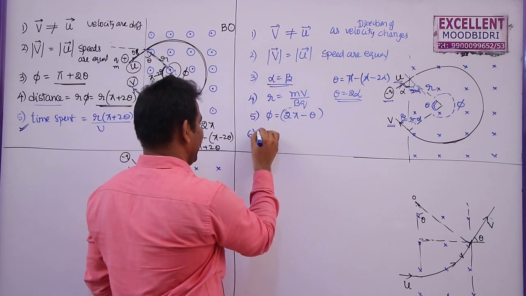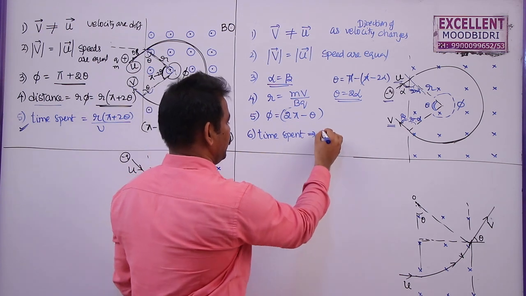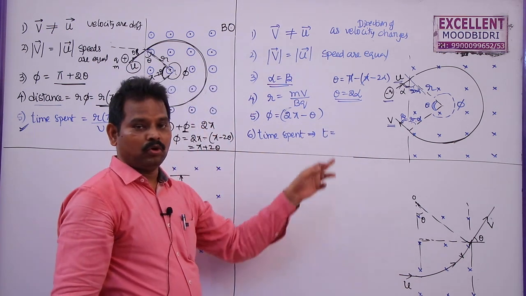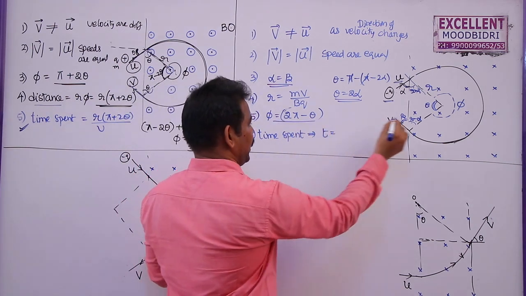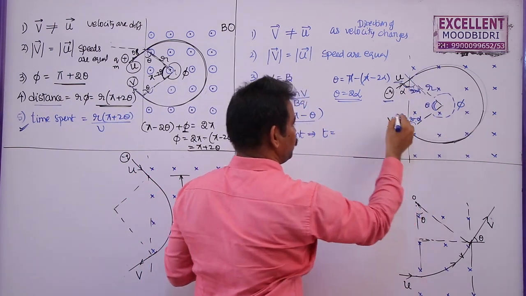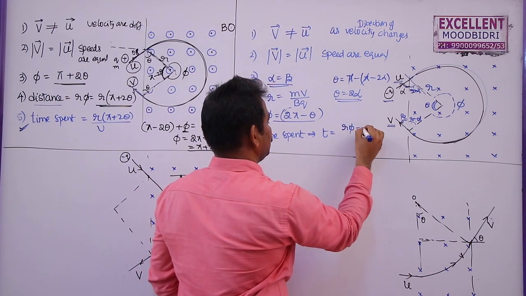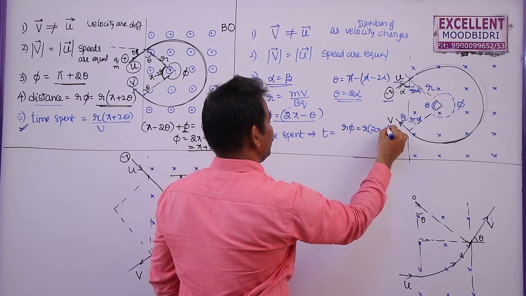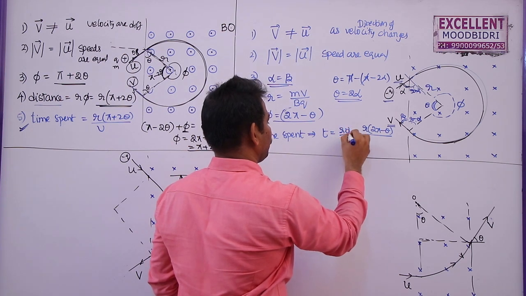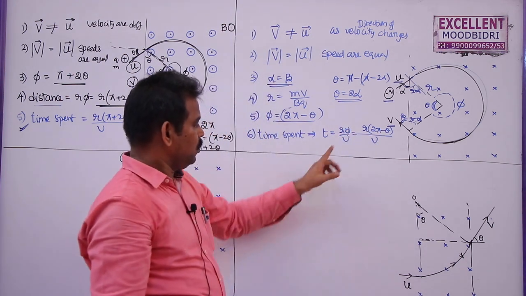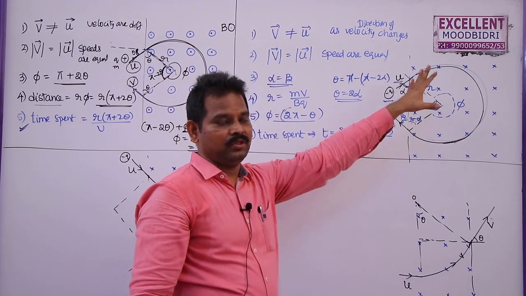Next, the time spent by the charged particle inside the magnetic field is given by time is equal to total distance traveled by speed. The total arc length is given by r phi, which is equal to r into 2 pi minus theta, divided by v. So this is the time taken by this charged particle to complete this path within this magnetic field.